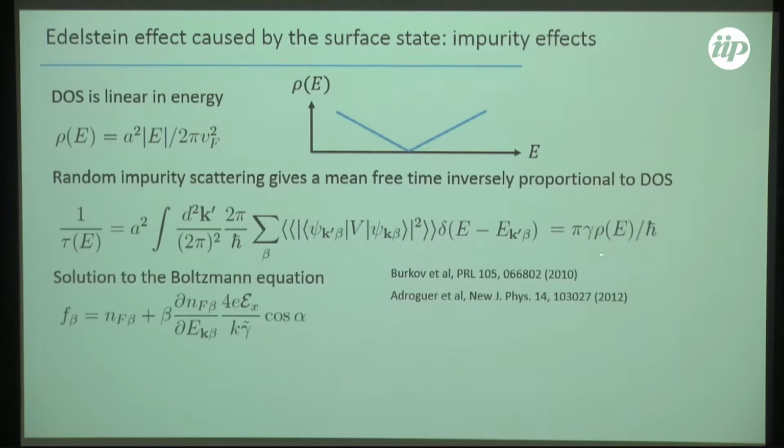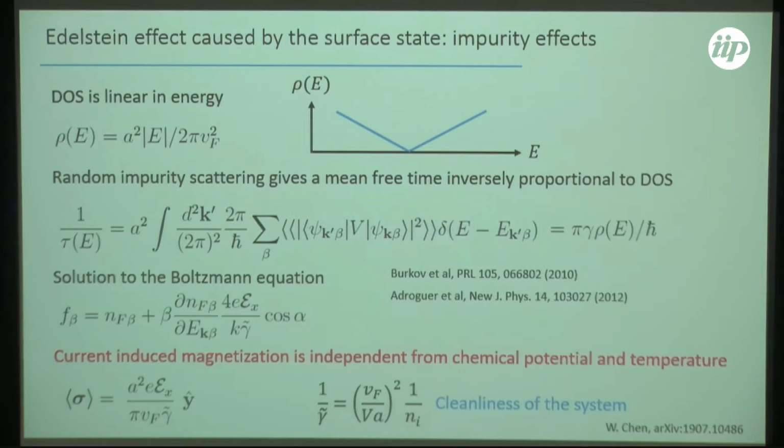Now you put this Fermi golden rule into the Boltzmann equation, and then use a semi-classical way to solve for the spin accumulation induced by an electric current along the y direction. Then you get a very interesting result, namely that the spin accumulation is independent of the chemical potential and also independent of the temperature.